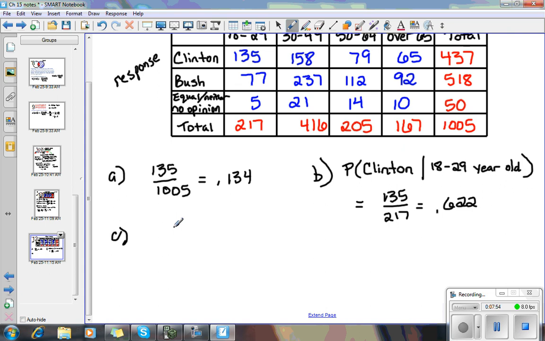What's the probability that a person who chose Clinton was between 18 and 29? Now notice the wording of this. Now we're given something else. So we want to know the probability they were 18 to 29 given that they chose Clinton.